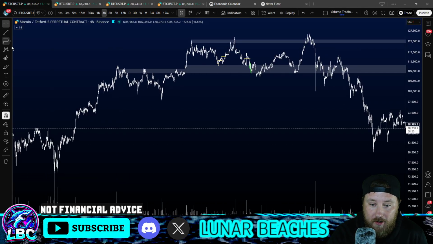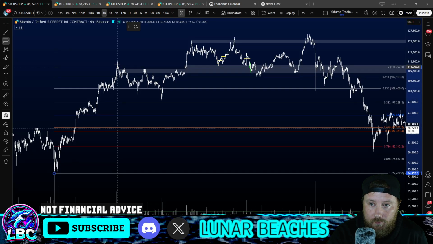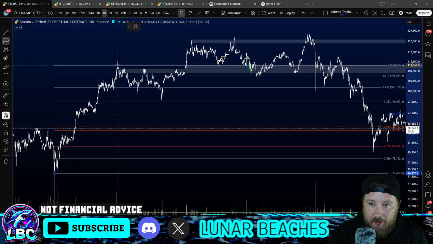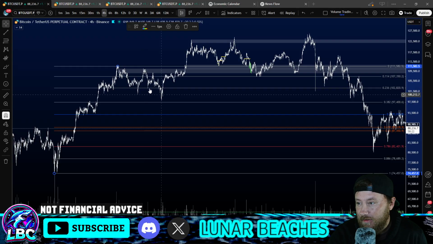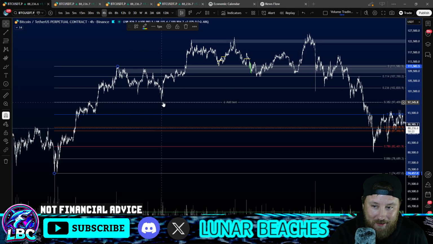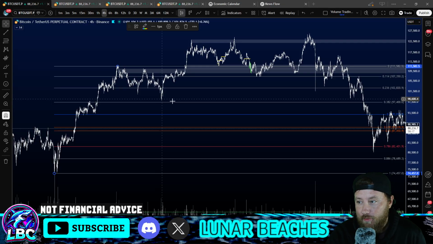You can and you will see reactions off of other fib levels. So this one got back to the 0.236, almost got back to the 0.382.